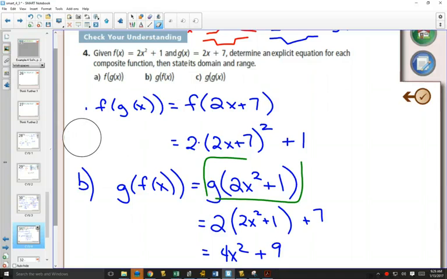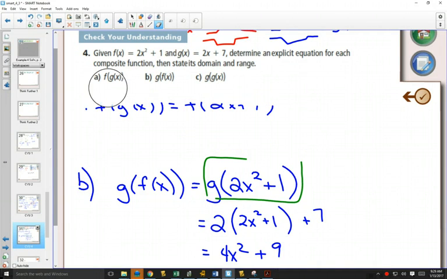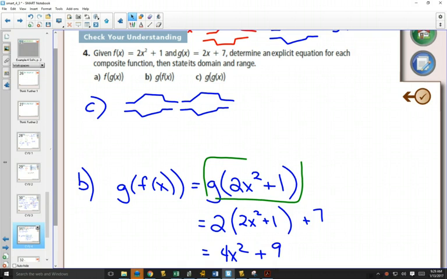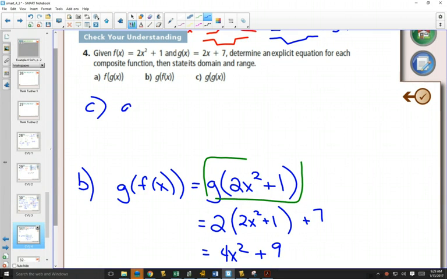I'm going to erase A so that we can do part C. G of g of x, that means it went into the G machine, it went into the G machine again. What would come out? Well, the idea is the same. If you put x into the G machine first, what would come out?